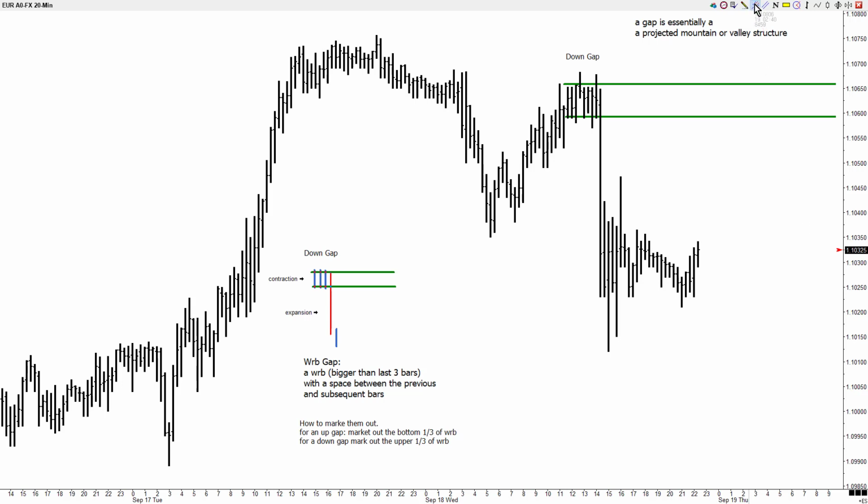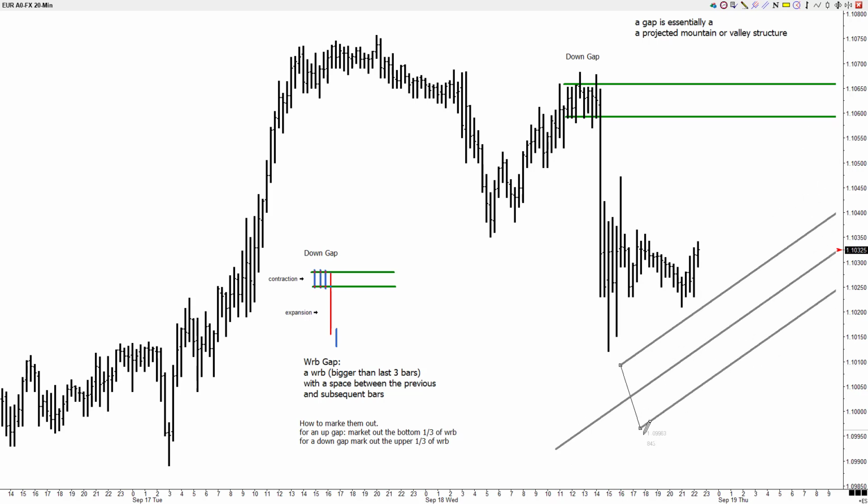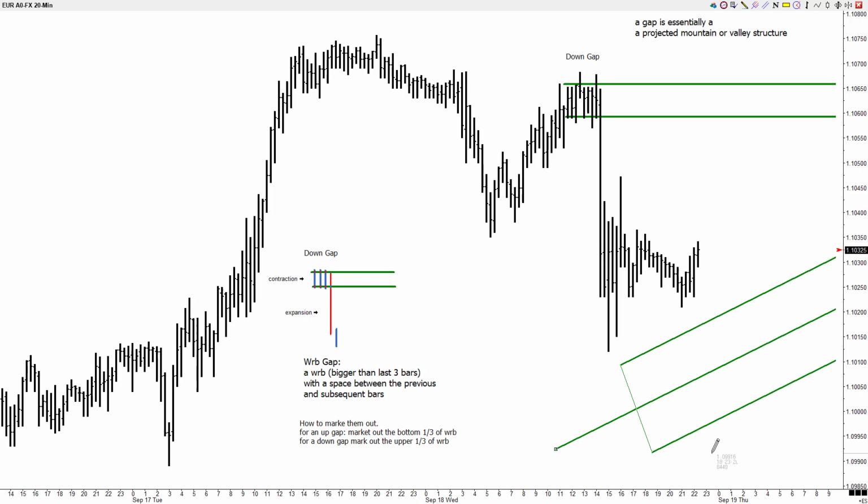So for instance, if you have A, B, C, and price is swinging rather than gapping, a median line is projecting to here.